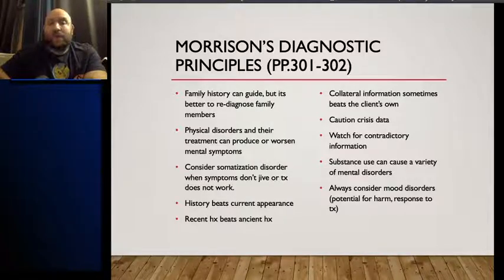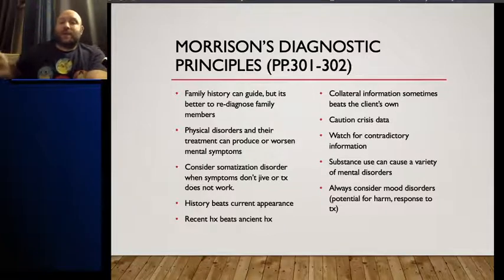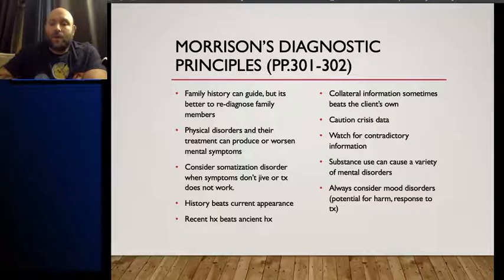And it can also be learned stuff, such as if mother had an eating disorder or father had a personality disorder. Those things can lead to similar diagnoses in your client. So, good first step to get family history.